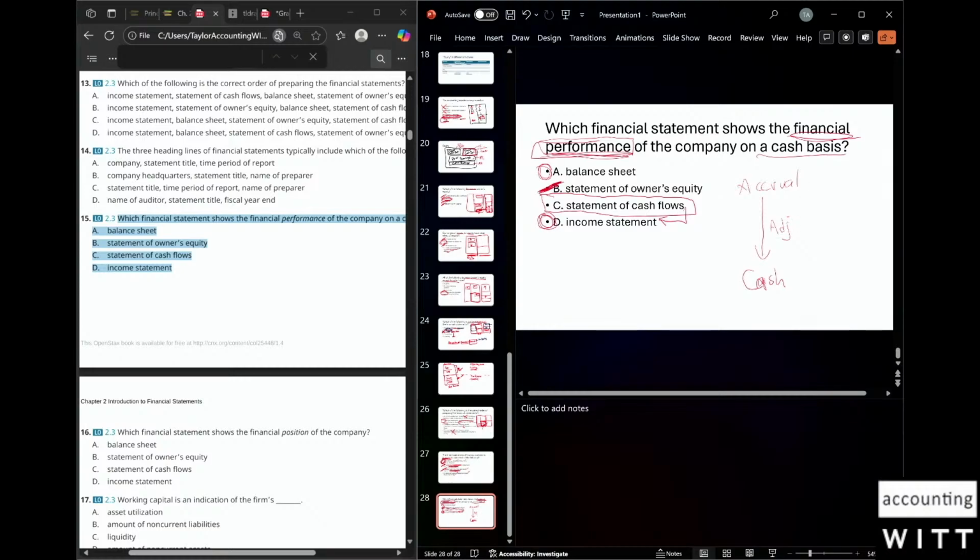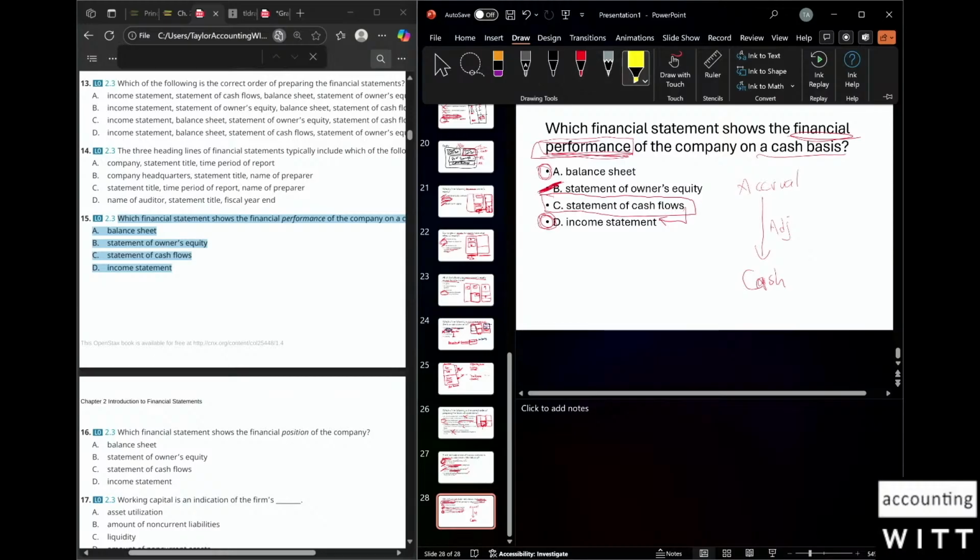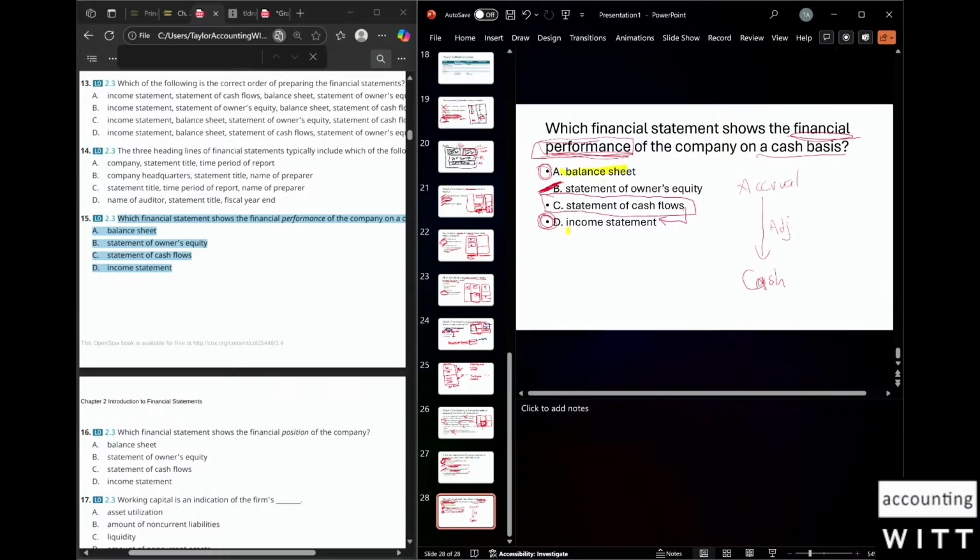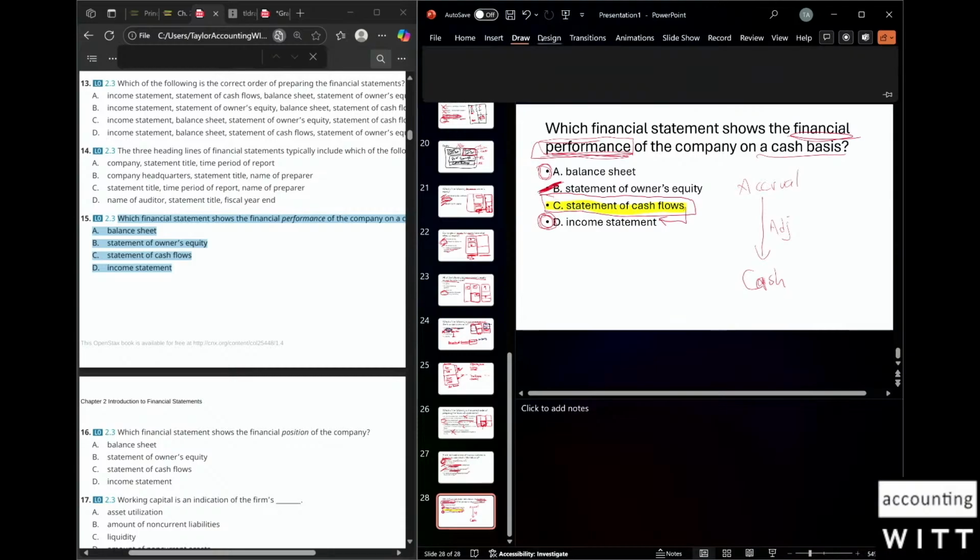So if I had to pick one, these A and D can show you the cash basis if there's no accruals and if it's cash basis. That being said, C will always show you performance on a cash basis. So I'm guessing that's where they want you to go with that.